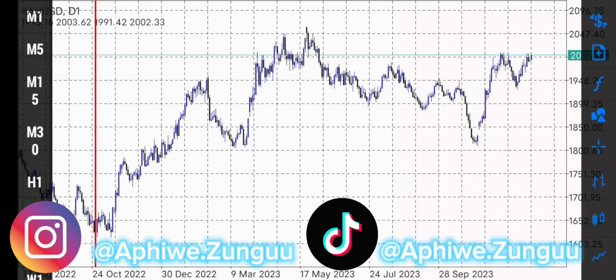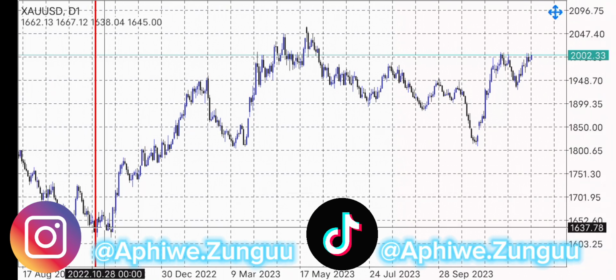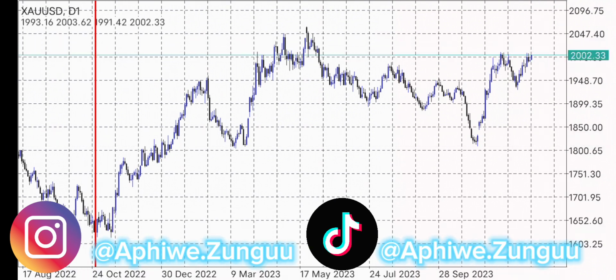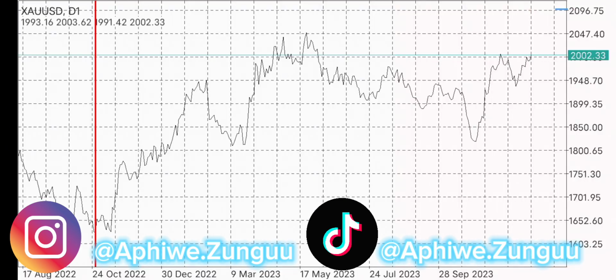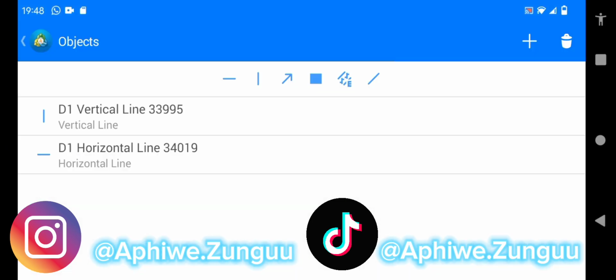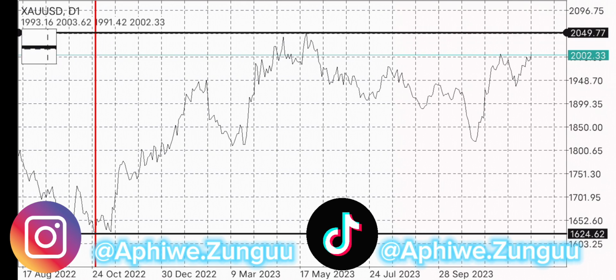Yeah, so this is where we're currently focusing, right? From our horizontal ray, from our vertical ray to the current market price, right? So we can see that the market was at the low over here, which was that level right there, and then it hit the all-time high, which is that level right there, right?